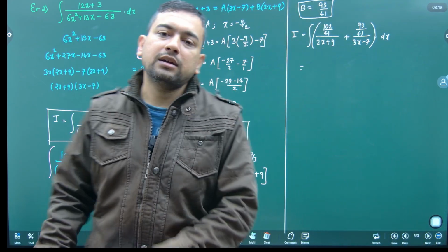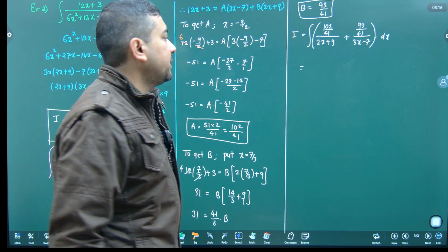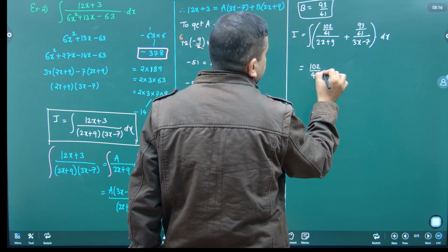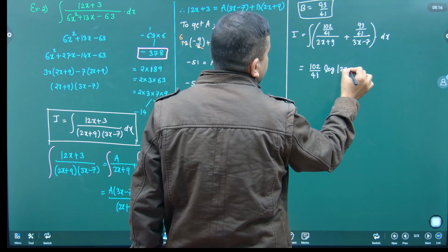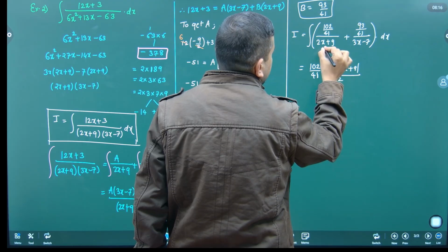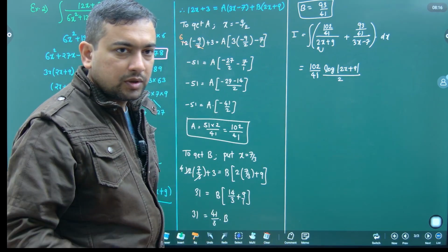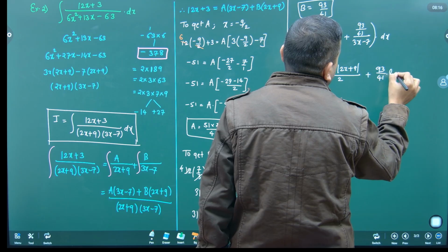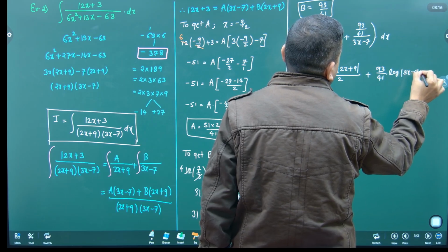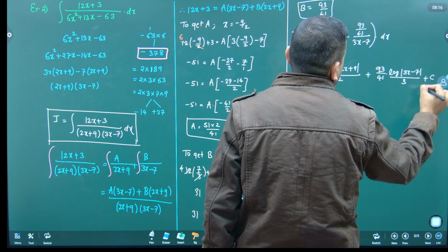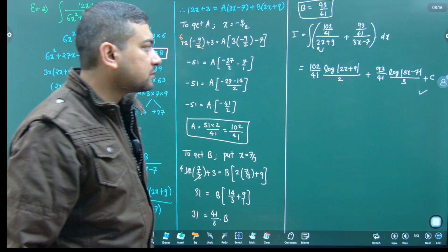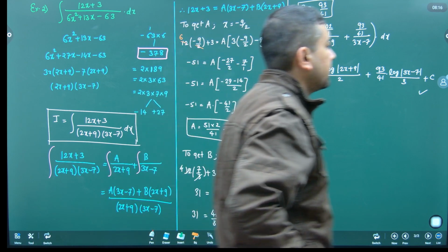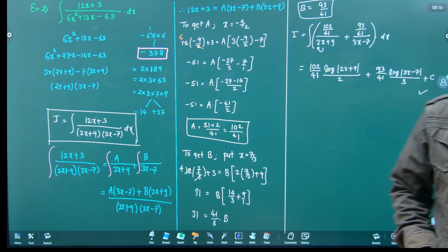So tell me what will be the integral. Yes, write the integral. 102 by 41 you can take outside, log of 2x plus 9 divided by 2. What is the coefficient of x? 2. You have to divide because we are doing integration. Plus 93 by 41 log of 3x minus 7 upon 3 plus c. So this is how you will find integrations by partial fractions. Hope both the examples are clear.